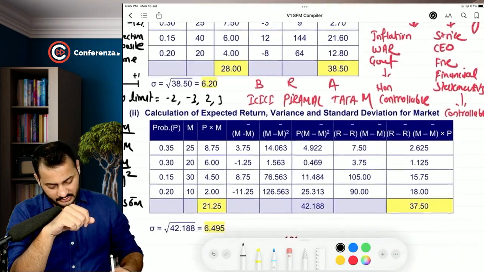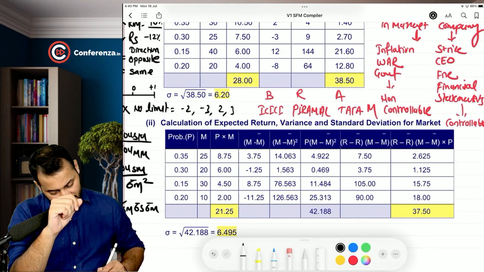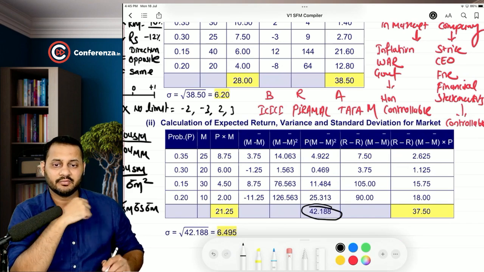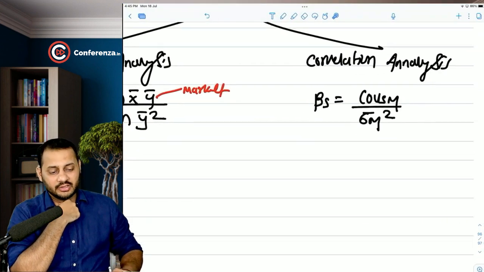And that was, let me just check. Can I say this figure? 42.18, it is the market variance, which was then put under square root to find out the standard deviation of the market. But we need covariance of the stock with the market.